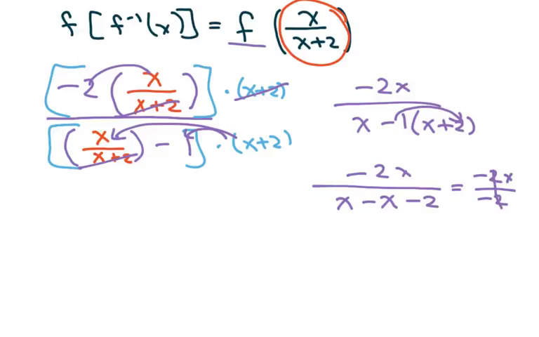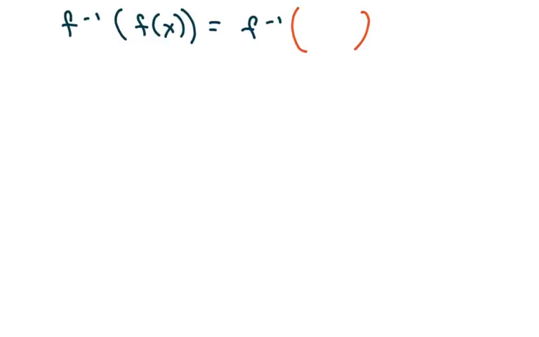Now we have to go the other way. We have to compose f inverse with f of x. Okay, so write f inverse. My inner function is f, which is negative 2x over x minus 1.